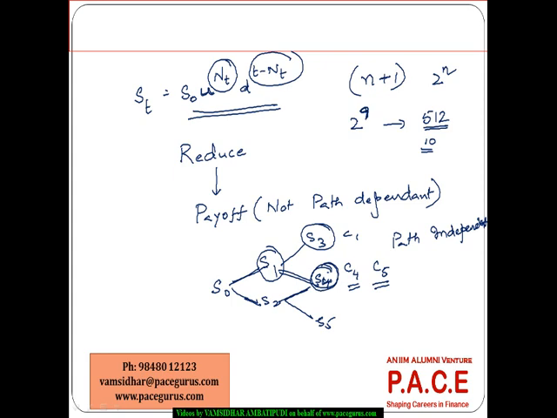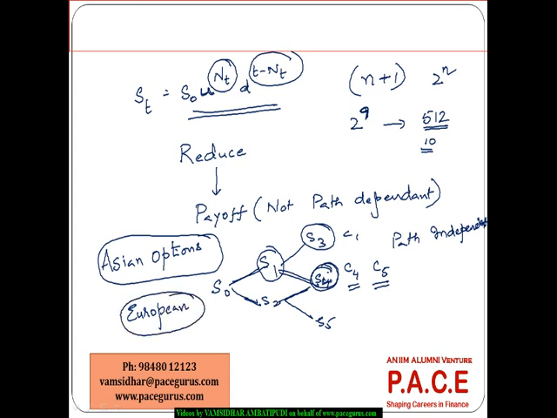There are some kinds of exotic options which typically exhibit path dependency. We see what are called Asian options, which are more path dependent. So I cannot use this kind of recombining binomial tree approach for them. Whereas for regular European kinds of options which are not path dependent, I can very well use the recombining binomial tree approach.